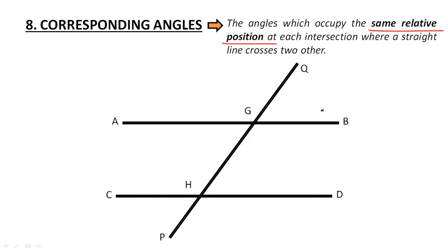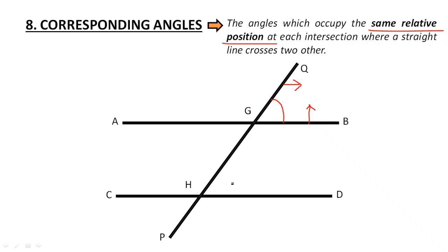What does it mean? Suppose we consider this angle here, that is BGQ. This is above this line and on the right hand side of the transversal.